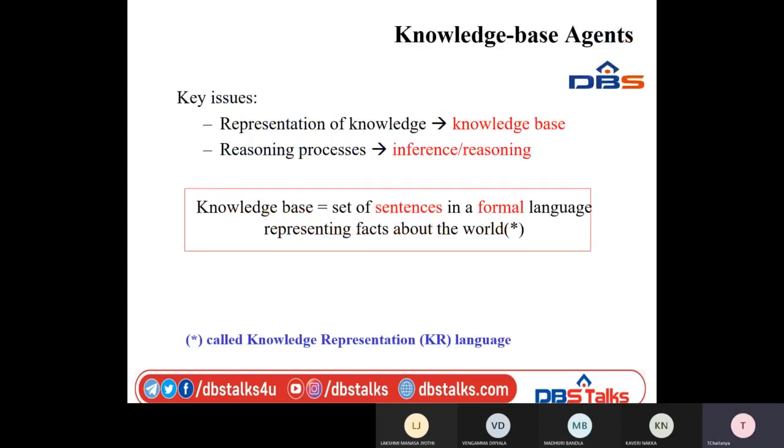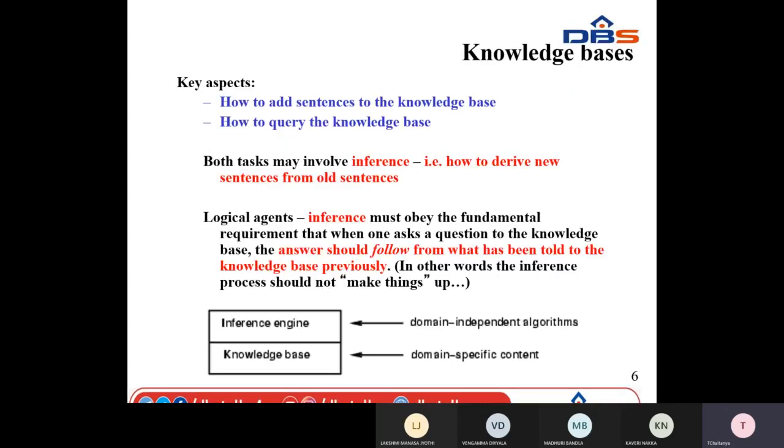So here the key issues are representation of knowledge and the reasoning process, that is knowledge base as well as inference reasoning. Whenever somebody asks you, we have to give a logical answer.